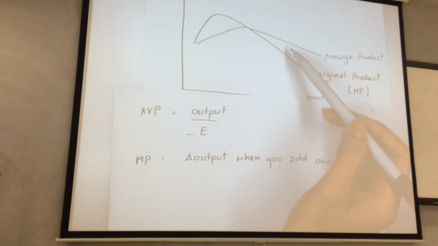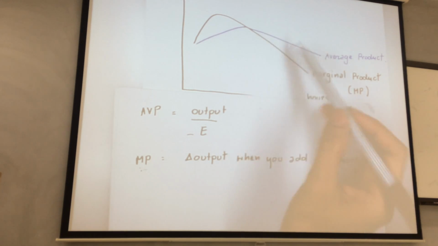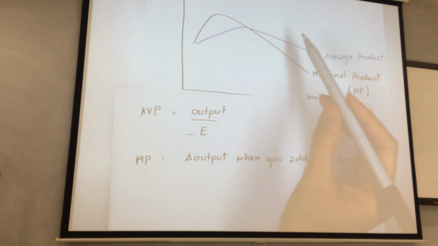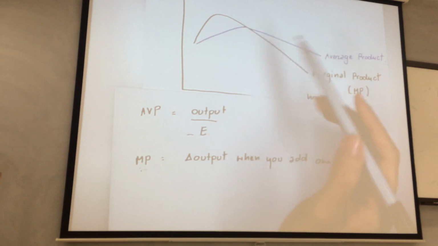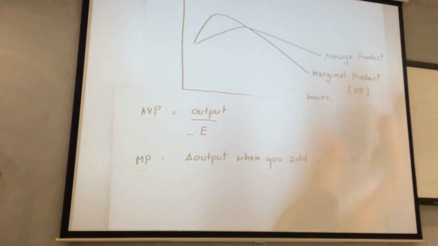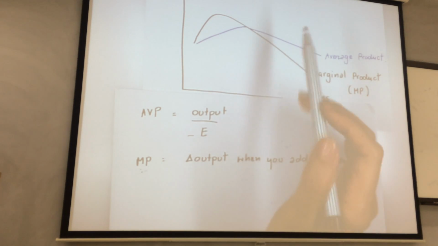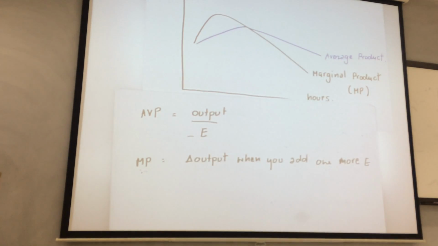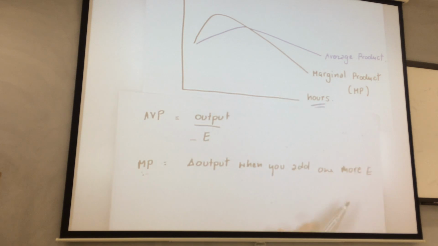It can't go up anymore, because the additional input doesn't add as much to the output as the units before. So you have that to be like this. By the way, that kind of helps you with the hours and all that.